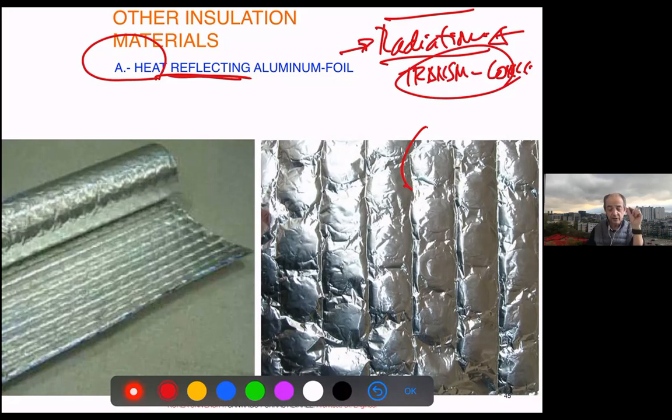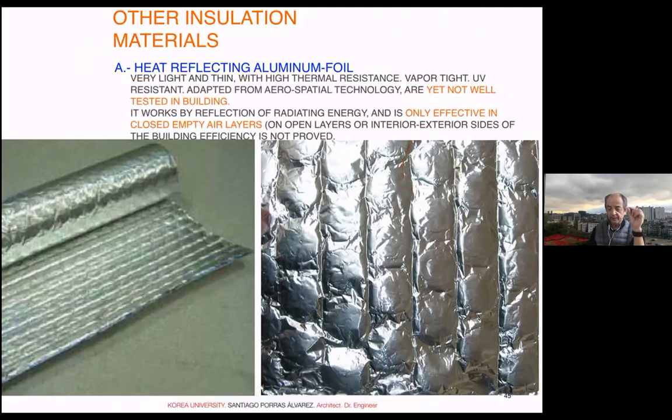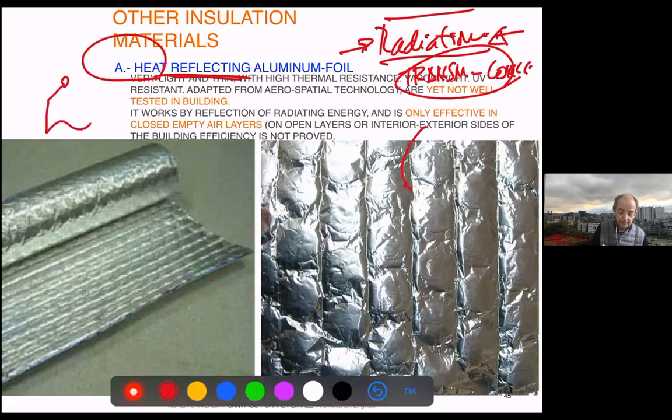It has the advantage of being very thin and very light, but you need to use it in an enclosed air cavity to be effective. It is the same with those foil blankets, which really are effective. You are sitting, and you put a blanket on top of you, and you are creating an enclosed cavity, so the heat remains inside and you get warm.